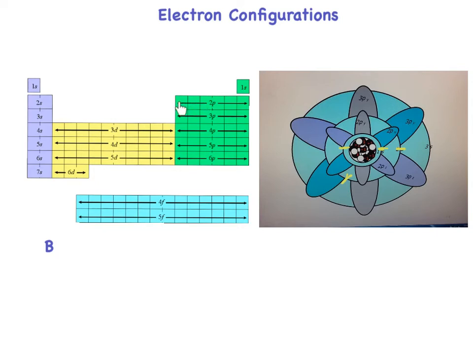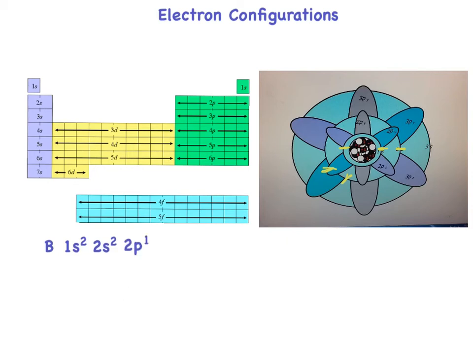Look, that's where boron is. So it's going to go into one of these 2p orbitals. We'll put it right there. So that's going to make boron's electron configuration 1s2 for this orbital, and then we have our full 2s2 orbital. And our last electron went into that 2p orbital.